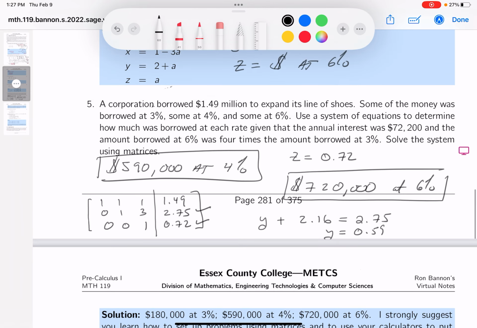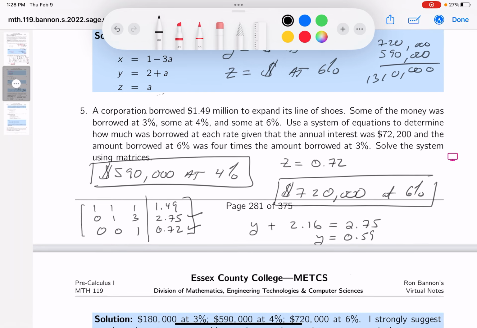Well, let's put this down. And you got 590,000, 720,000. 9 and 2 is 11. Let's see if I did that right. I made a mistake somewhere.